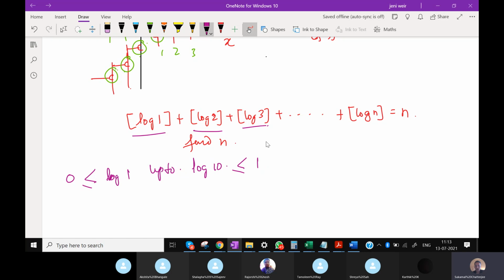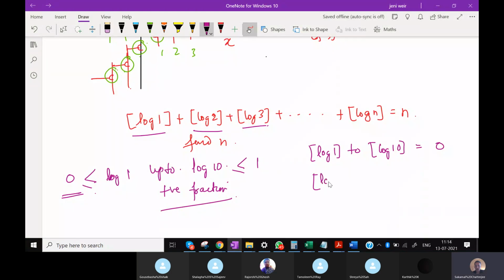So therefore, all the logs from 1 to 10 will have positive fraction values, right? So the box function of all of these, box of log 1 to box of log 10, will be equal to 0, because this is the largest integer less than or equal to all these values.